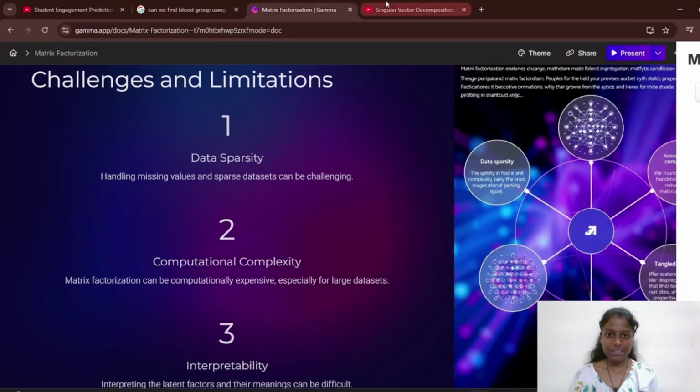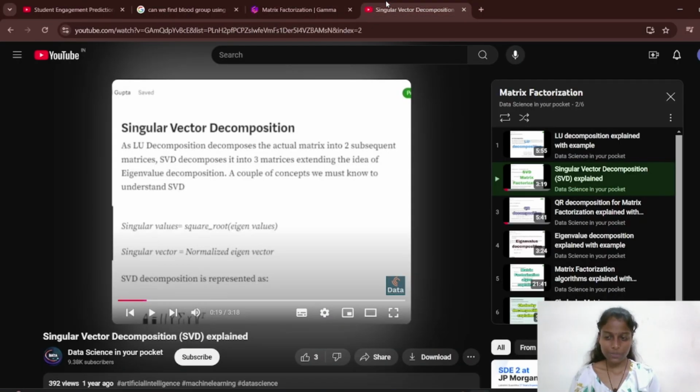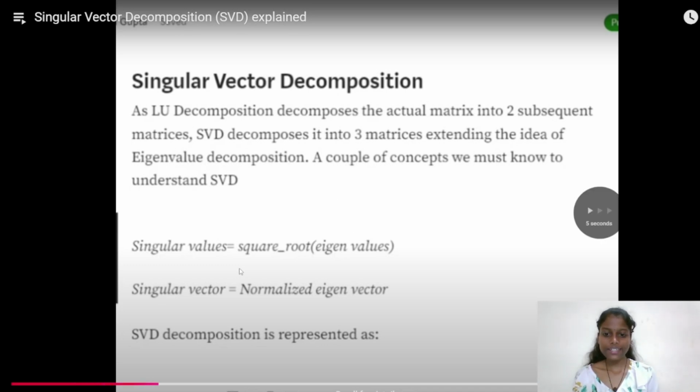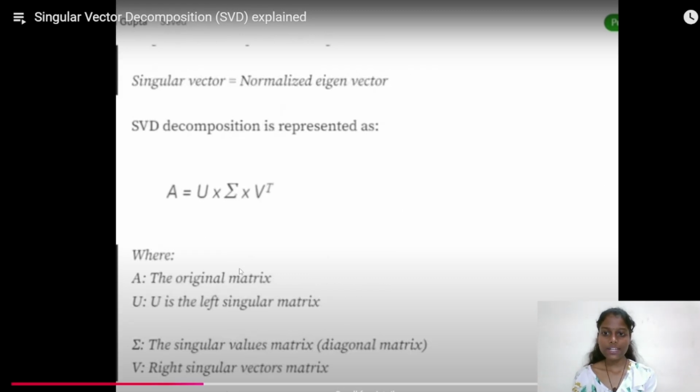In order to understand this concept much better, let's watch. Before getting into the video, you must know that singular values equal the square root of eigenvalues, and singular vectors equal normalized eigenvectors. SVD decomposition is represented as A equals U into sigma into V transpose.